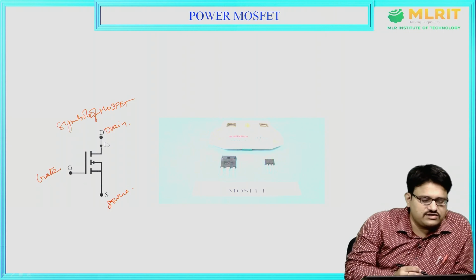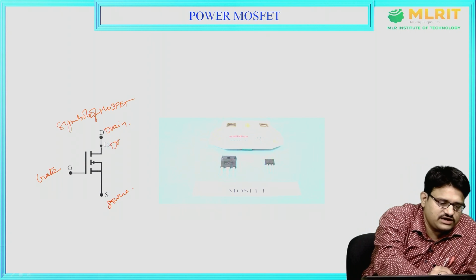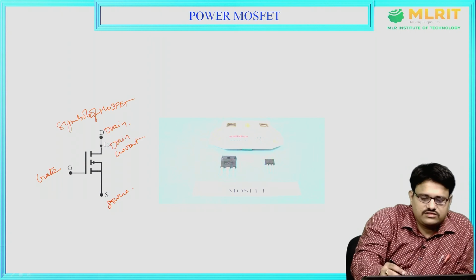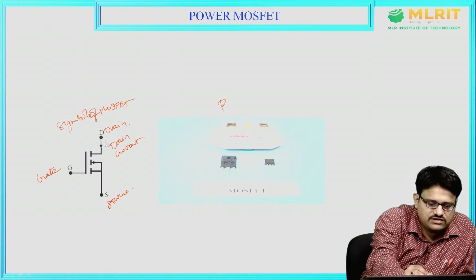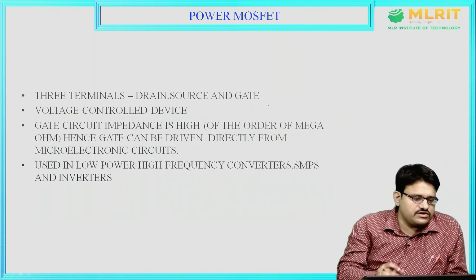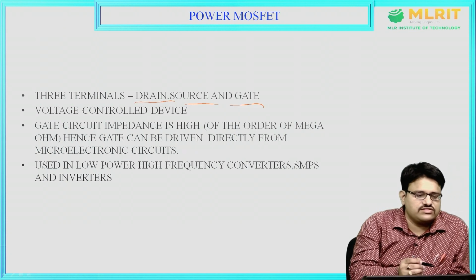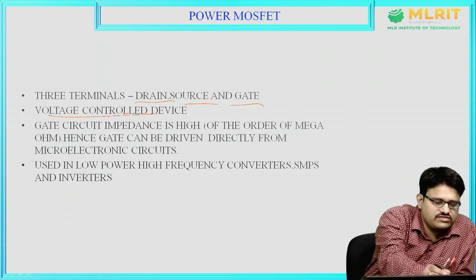These are the three terminals of the power MOSFET, and this is the drain current, and this is the physical symbol.